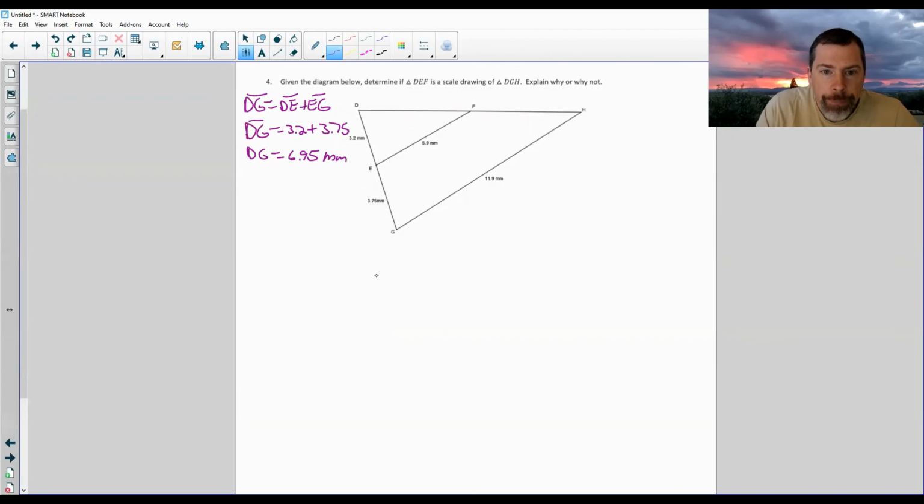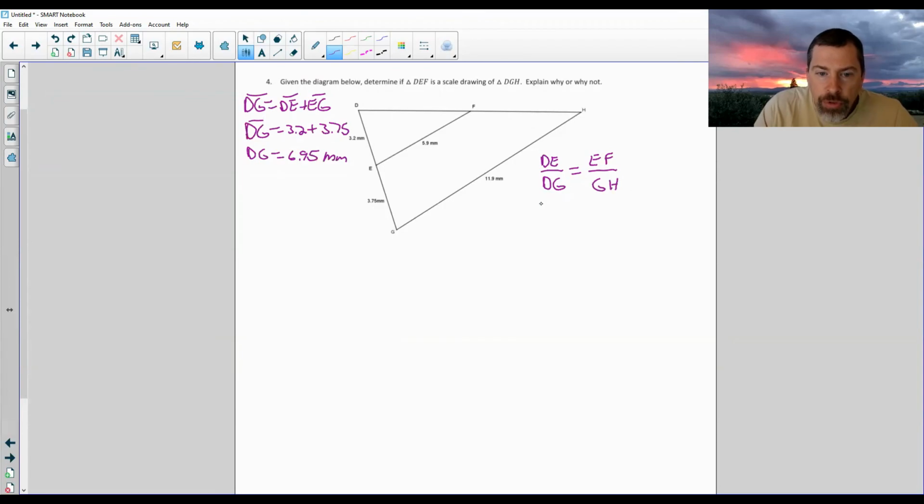Okay. So then you take apart the small triangle, DE. So then you set up a proportion and check. So I'm going to do it over here. DE is to DG as EF, the small triangle given side, is to GH.